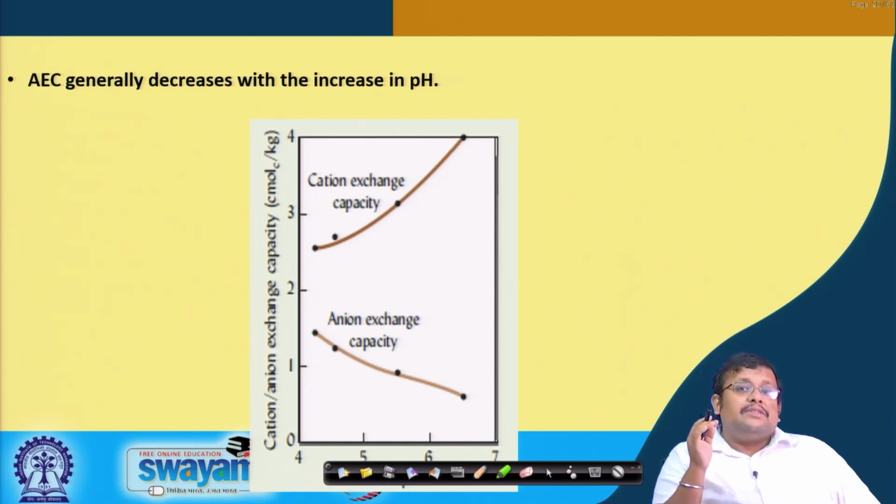So, cation exchange capacity will increase. The opposite trend is found in the case of anion exchange capacity, because as we increase the pH, there will be generation of negative charge surface, and the negative charge surface will repel the anions which are also negatively charged. As a result, the anion exchange capacity will go down. So, with the increase of pH, the trends of CEC and AEC are just opposite to each other.